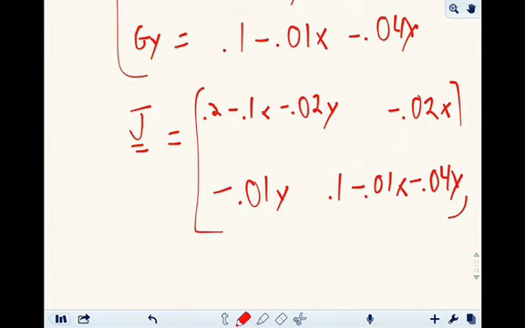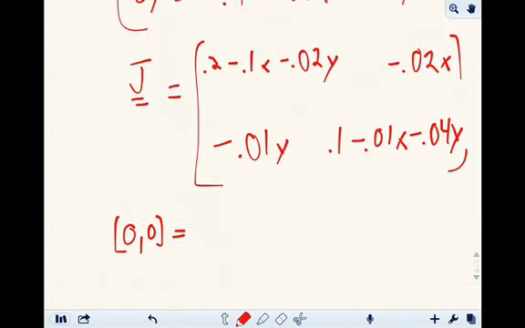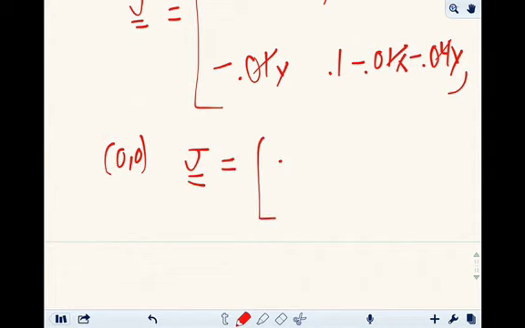At the point 0, 0, for example, if we plug in x equals 0, y equals 0, all these terms are gone, right? Except for those two constant terms. So our Jacobian looks like this, equals 0.2, 0, 0, and 0.1.